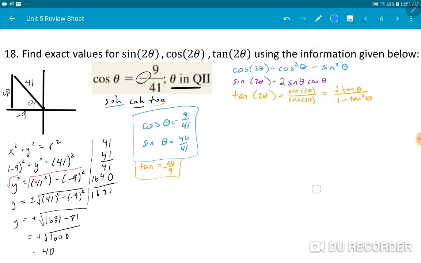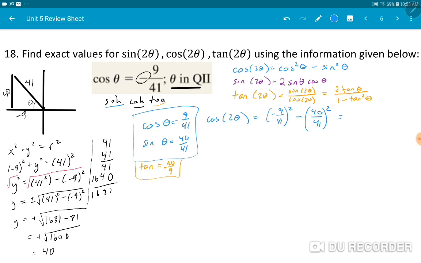Okay, so the first one is cosine of 2 theta, which is cosine squared, the negative 9 over 41 squared, minus sine, which is 40 over 41 squared. I did some of this math a minute ago.